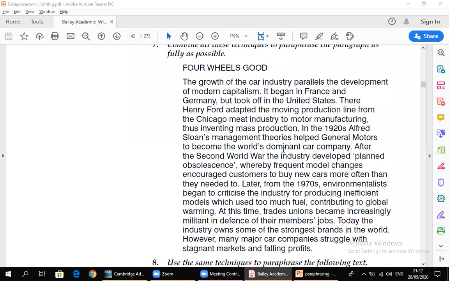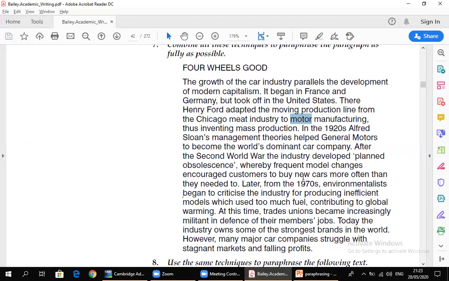The word vehicle is too general for this word motor. Yeah, because he's comparing two things here: Chicago meat industry to motor manufacturing. Vehicle has motors and wheels and so many things. So I think if we keep it to motor, it would be okay.